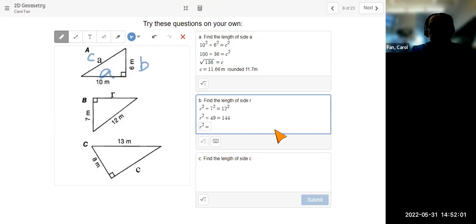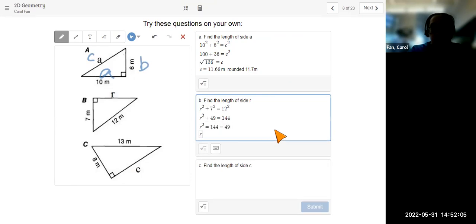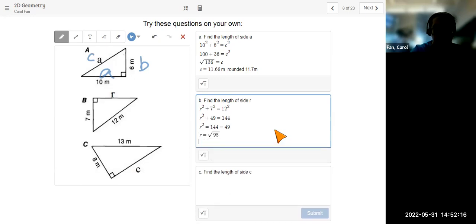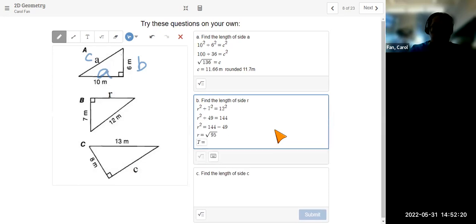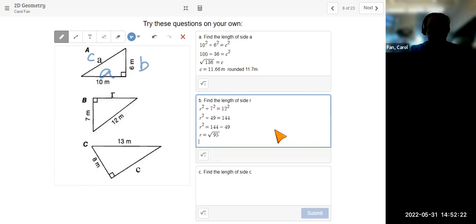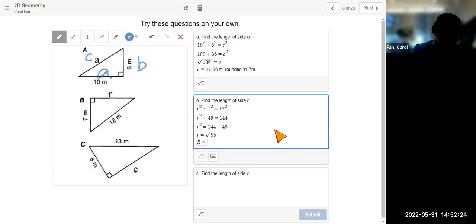R squared equals 144 minus 49. And we have R is equal to the square root of 95. So square root of 95, 9.7.